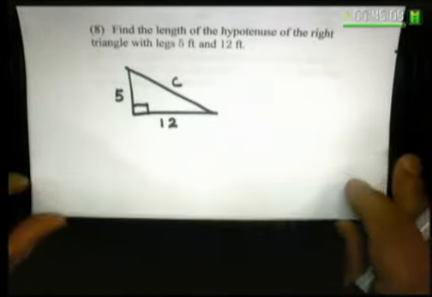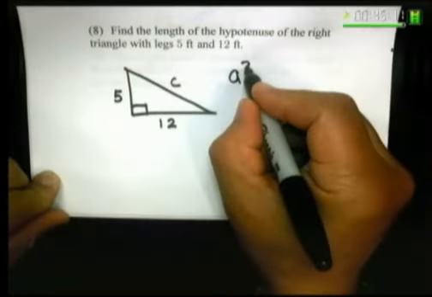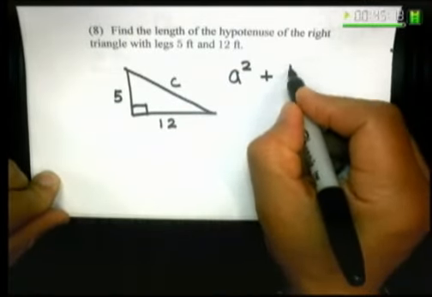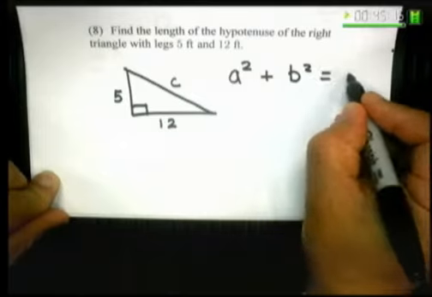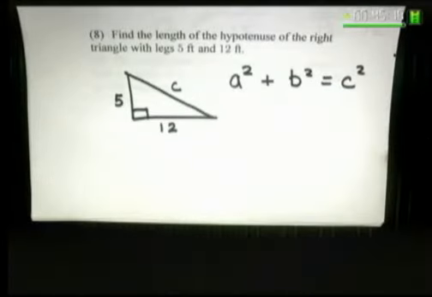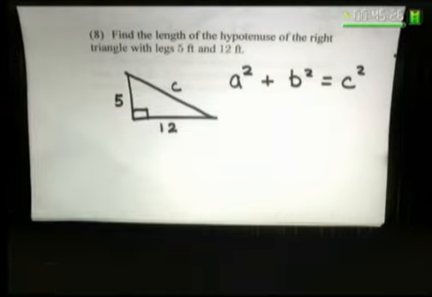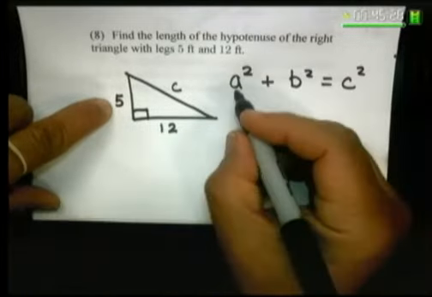But in any event, we're going to use Pythagorean's theorem, right? Which says what? A squared plus B squared equals C squared. We learned that also in 8th grade or somewhere. Now, what is A? A and B are interchangeable. It doesn't matter which one you let be A or B. So we're going to let A be 5 this time.